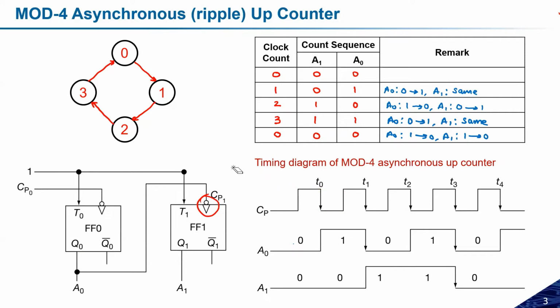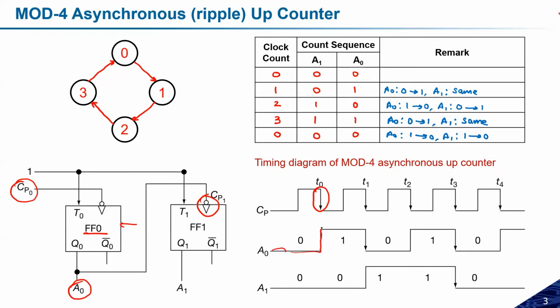Okay, so initially the output for both flip-flops was 0. Because I have provided the clock pulse to flip-flop 0, the first A0 will be reflected. At this edge, A0 will change its state from 0 to 1, because it is going to toggle, since I have used a toggle flip-flop and initially it was 0.